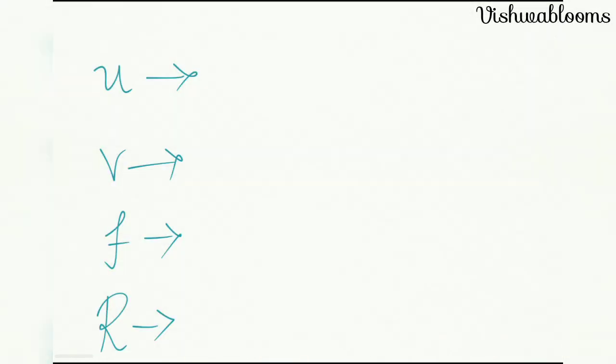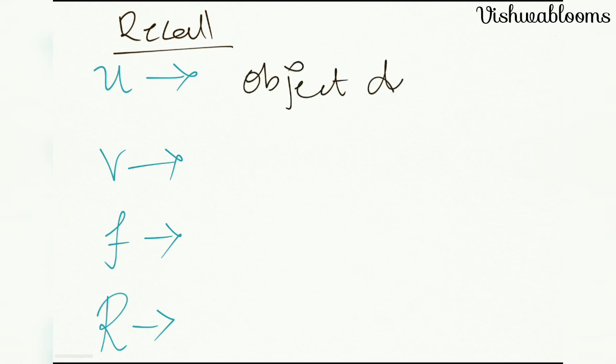Now what is u? Just recall all the things we have seen. What is u? It is object distance. Just have a glance over this because we are going to see one nice relation between all this.